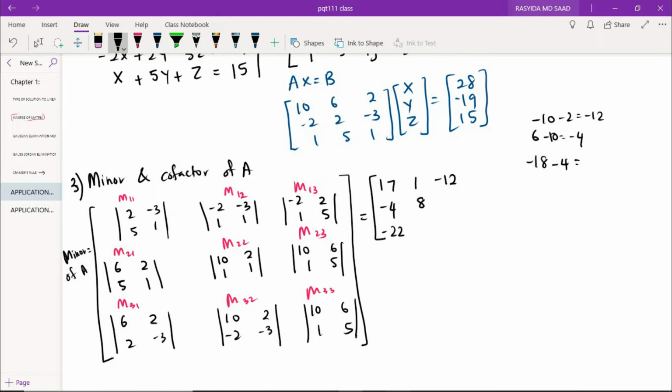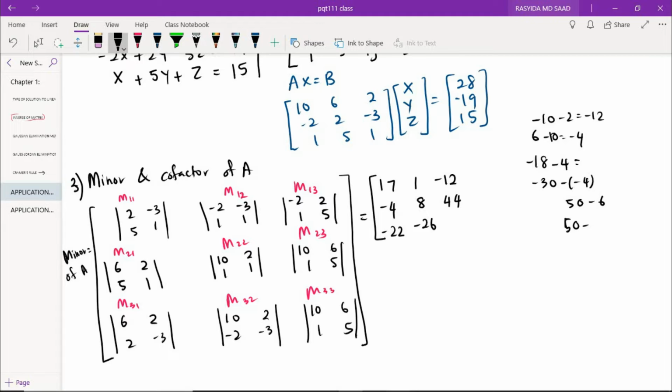This one: negative 30 minus 4 will be equal to negative 26. And then we have this one, 50 minus 6, we get 44. Then we have 50 minus 6. Oh, sorry about that one.